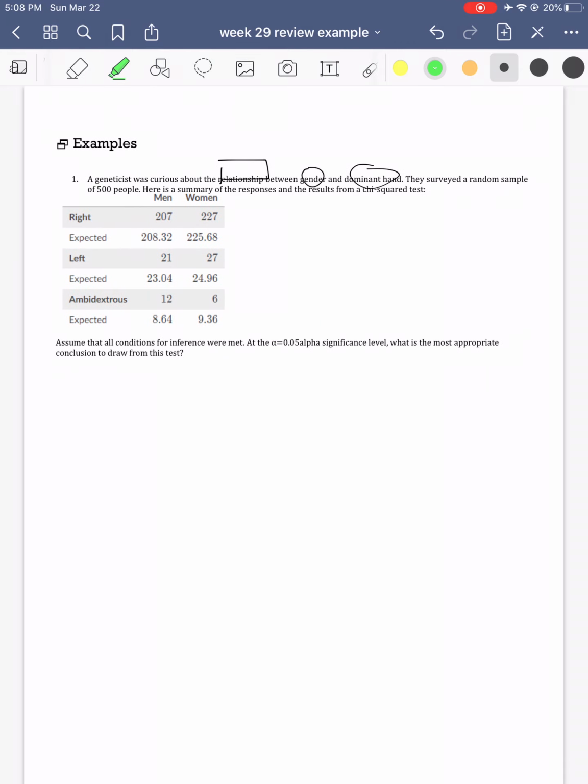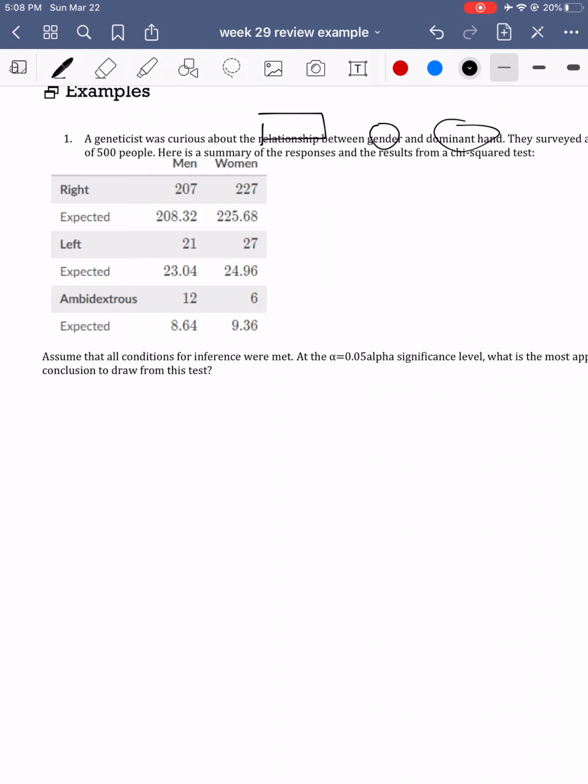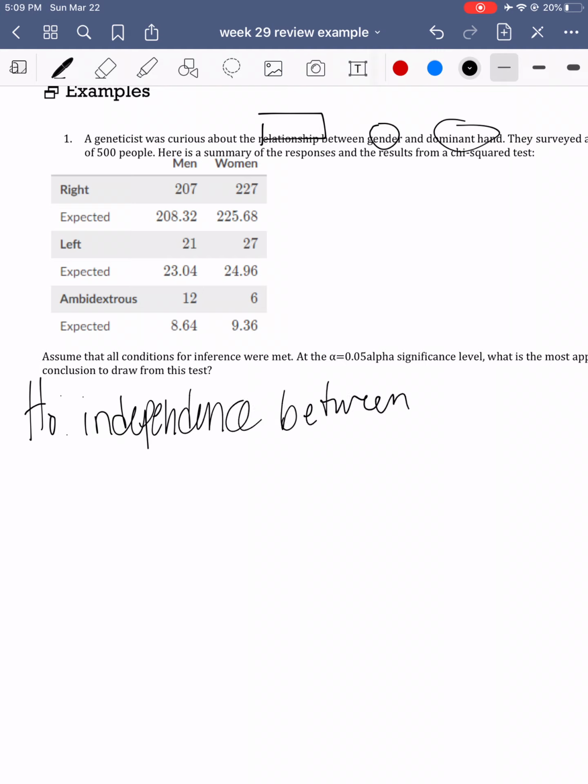So let's go ahead and write our hypotheses for this. Our null hypothesis is that there is independence between gender and dominant hand.